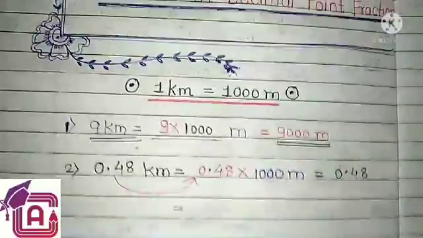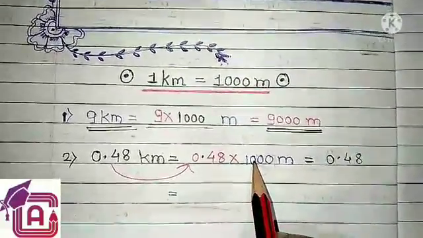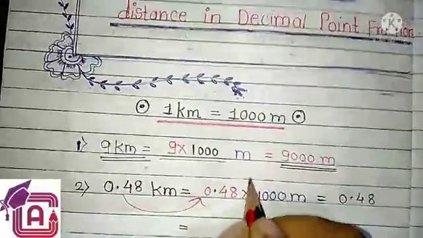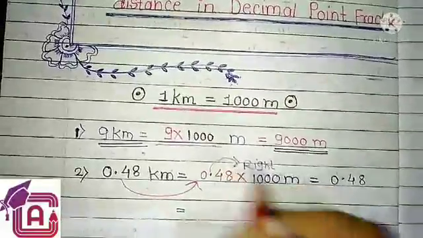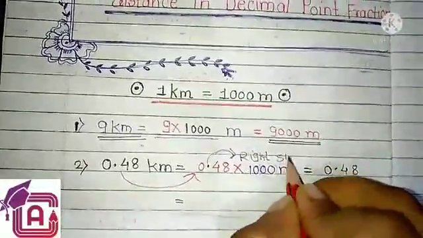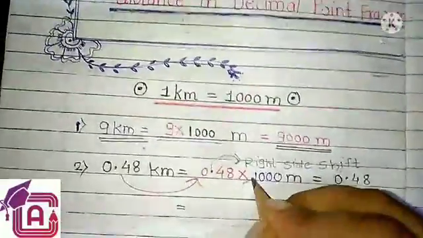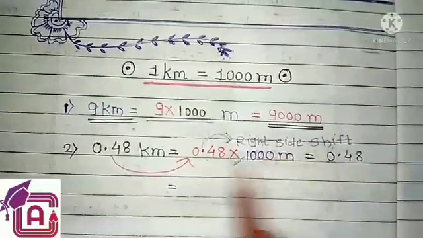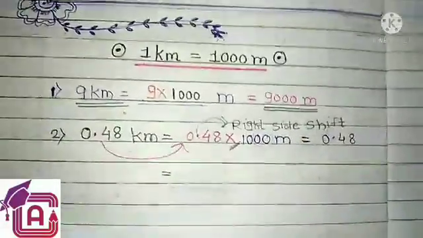How many places do we have to shift this decimal point towards the right side? We have to shift this decimal point to the right, because here a multiplication operation is there, and during multiplication we shift the decimal point towards the right side.